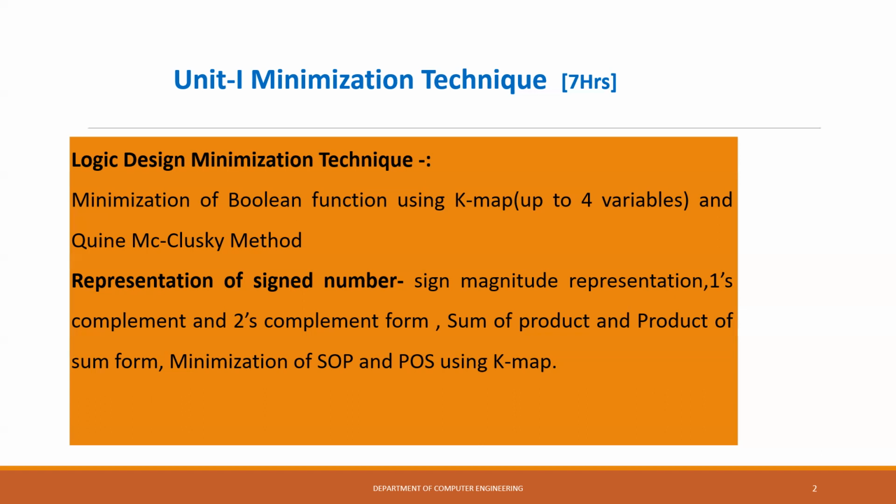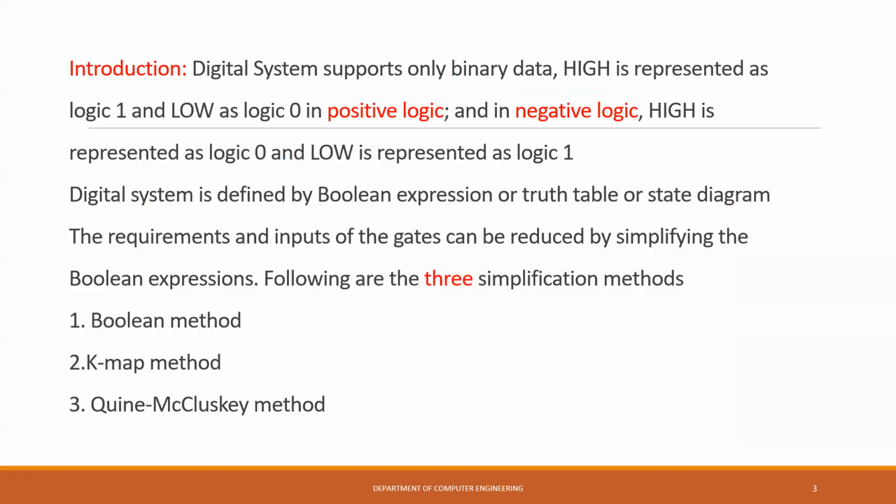That is, we can call these techniques SOP, which is nothing but sum of product, and POS, that is product of sum, by using K-map techniques. These are the contents we will cover in this particular unit, that is nothing but the minimization techniques.